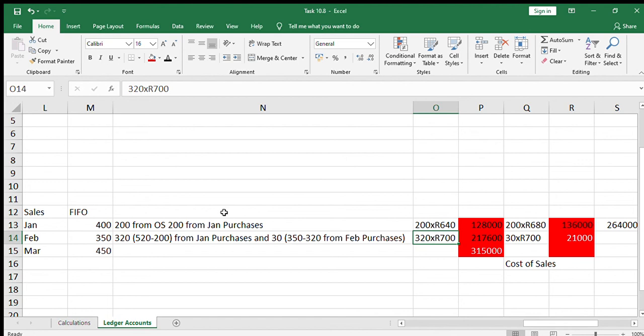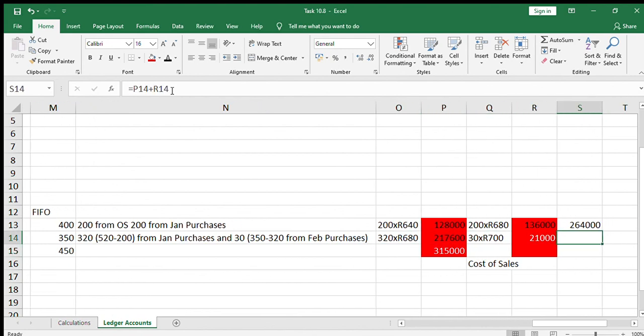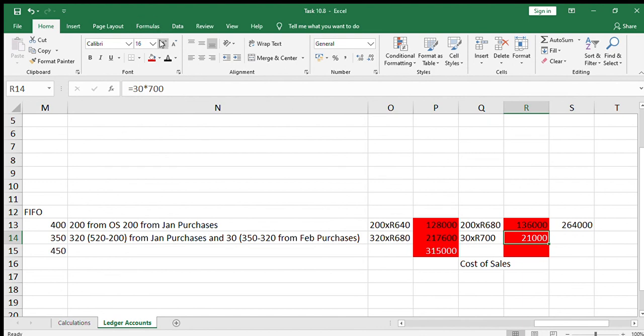In January it was 660 plus 20. So 320 units at 680, which is 217,600, and 30 units at 700, which is 21,000. Okay, we're just going to add up the two answers again that I have in red.